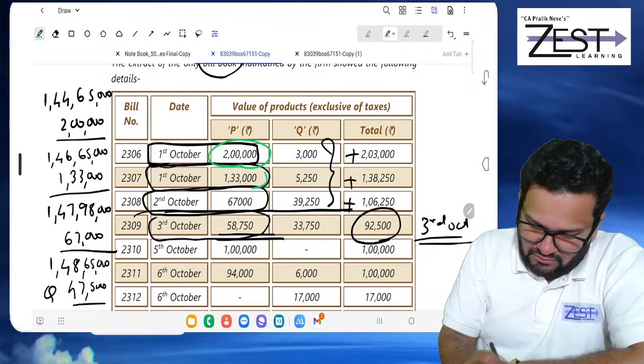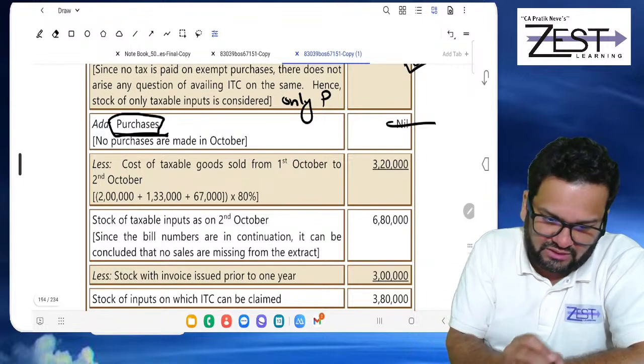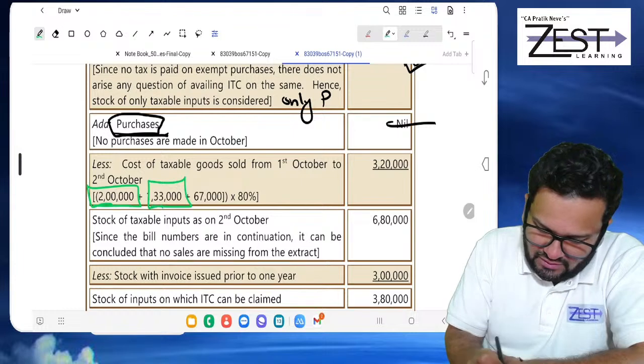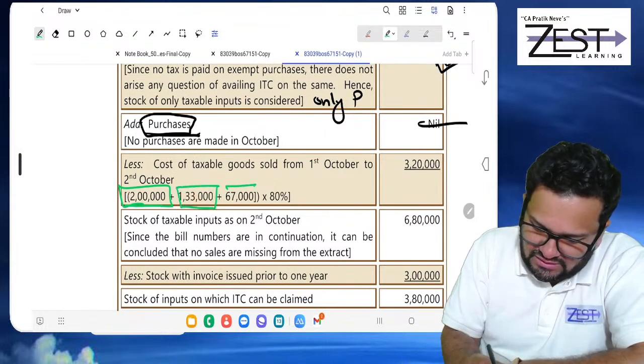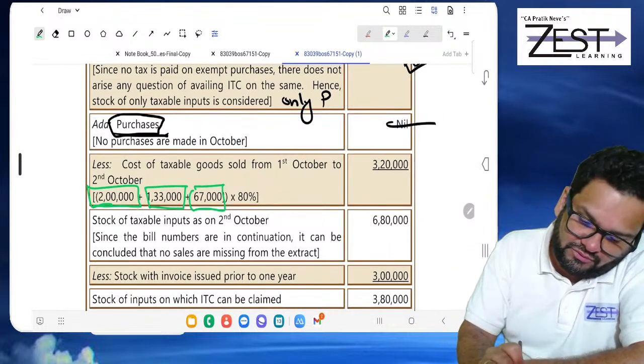2 lakh plus 133 plus 67. Check this. 2 lakh plus 133 plus 67. These are the sales figures, but you don't have any tension.